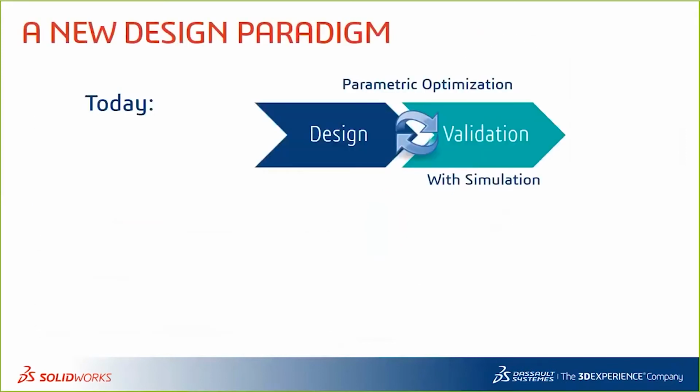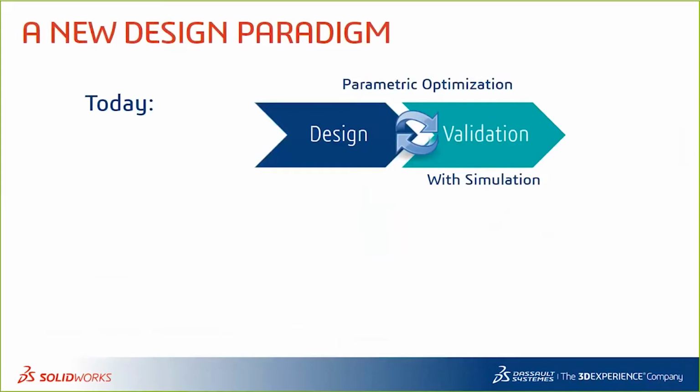Today, when we talk about design, we've always advocated that you want to continuously validate your design from the initial design stage and make design changes, make your revisions based on those results. And this is called parametric optimization.